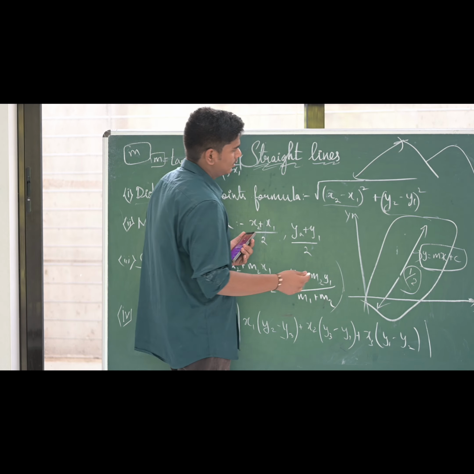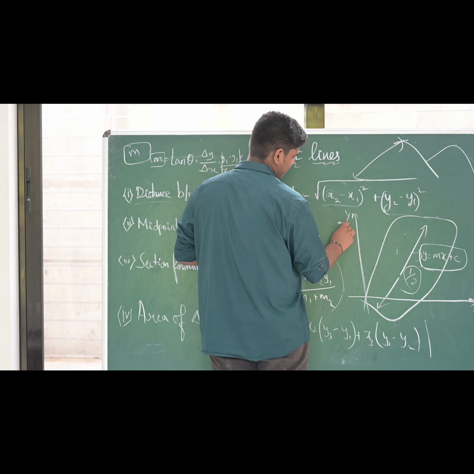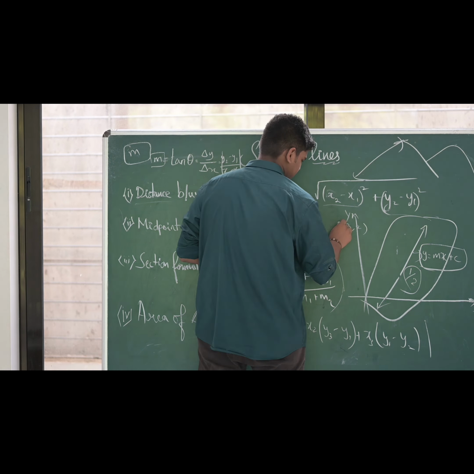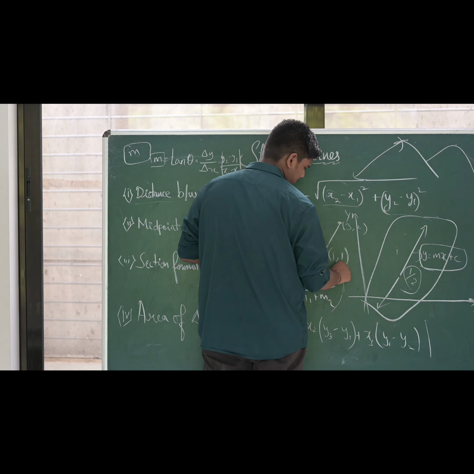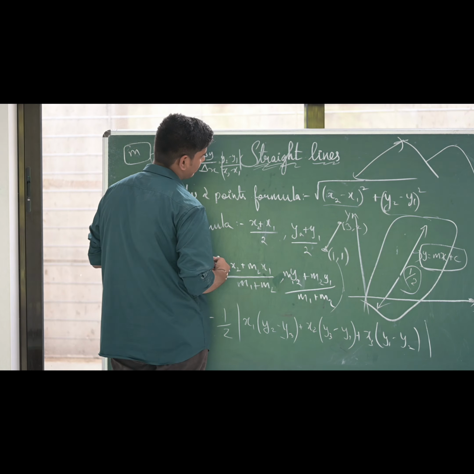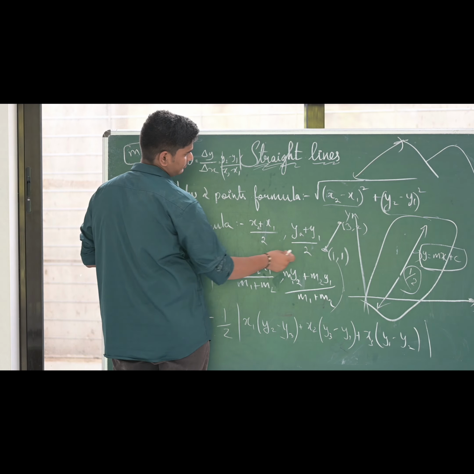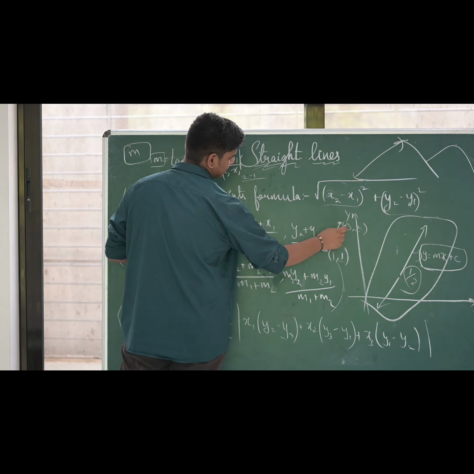Now, imagine I have a line. Imagine I have points (3, 2) and (1, 1). Now, find the slope of this line. (2 minus 1) by (3 minus 1).